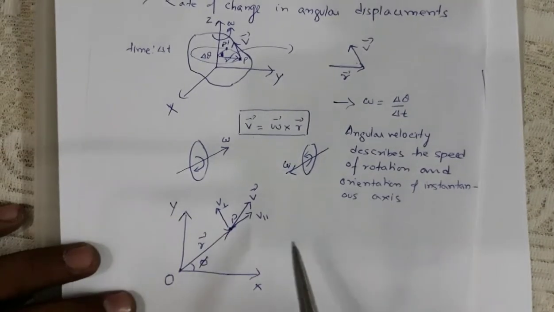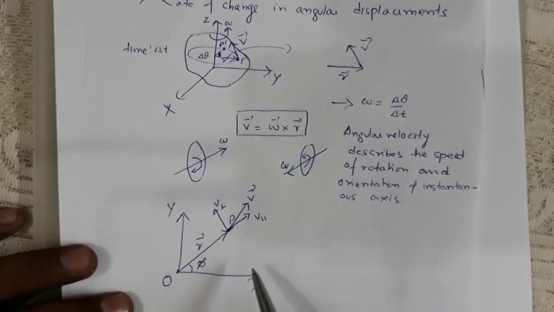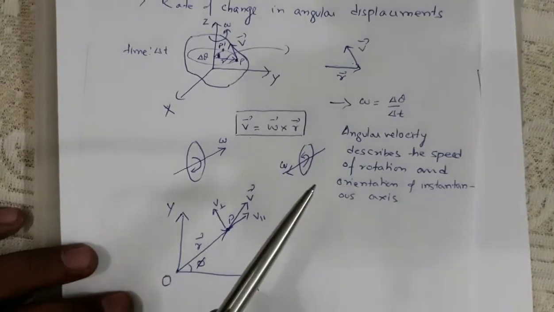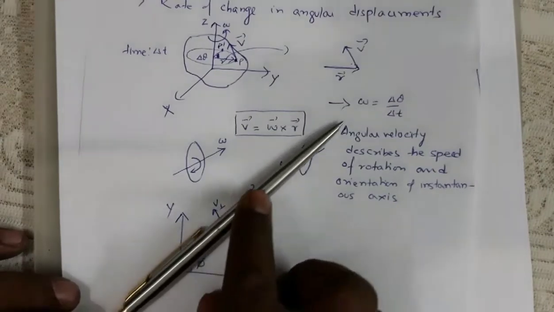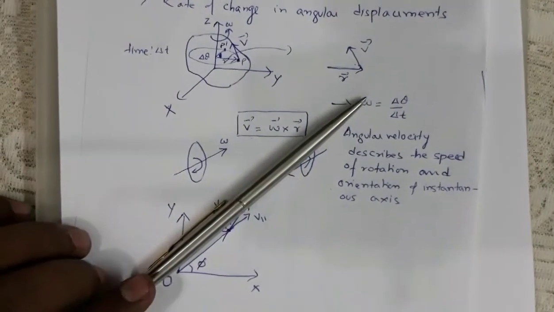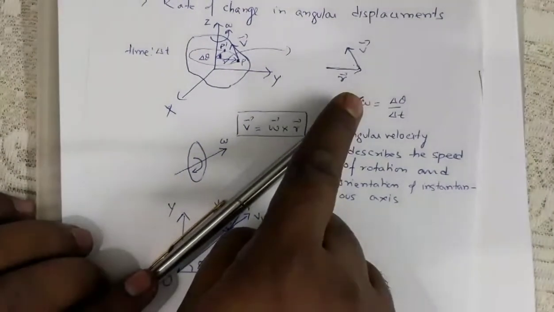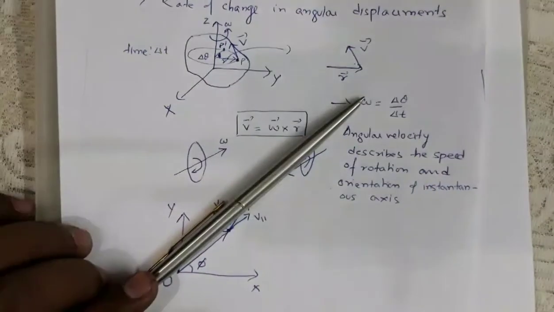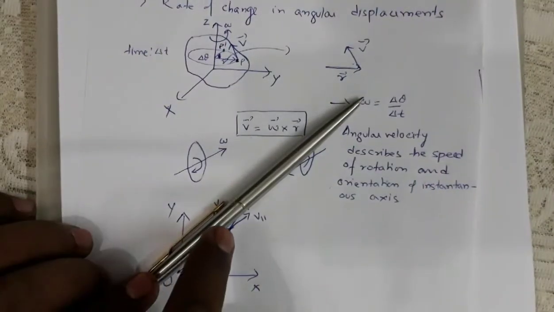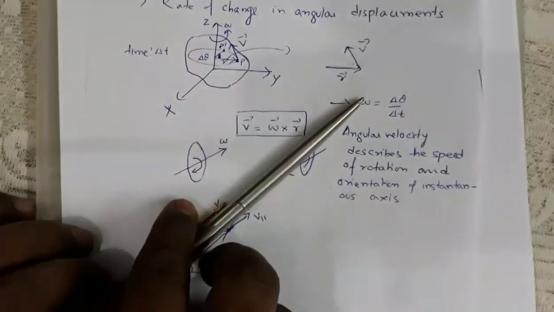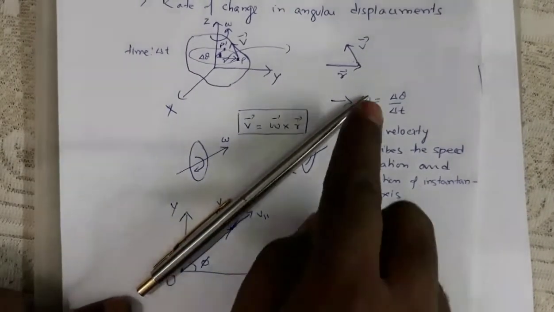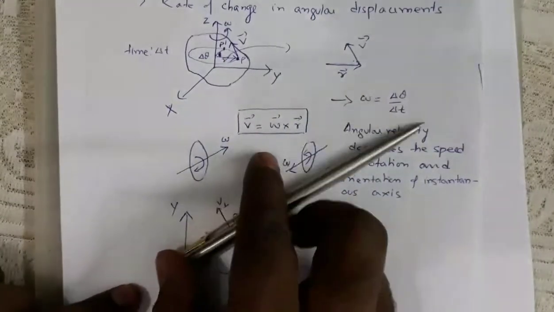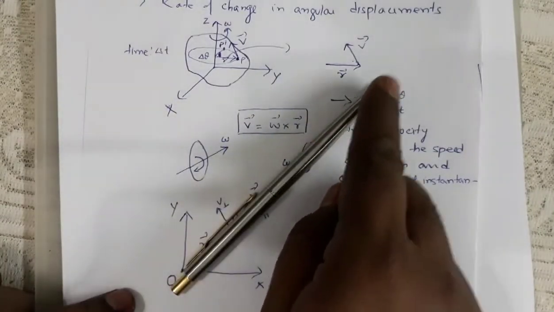Now this v parallel will not contribute to the angular velocity. Why? Suppose this pen is fixed about this point. If this point starts moving along the pen, that will not give any rotational motion to the pen.